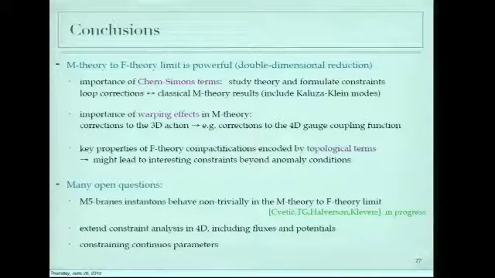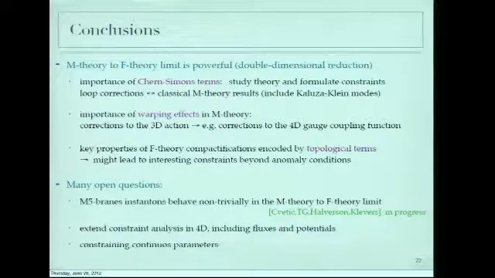Okay, so you've seen that it was quite intensive, so let me come to the conclusion. The M-theory to F-theory limit is powerful. It involves a double-dimensional reduction. I pointed out that mapping the data from one side to the other can be non-trivial.